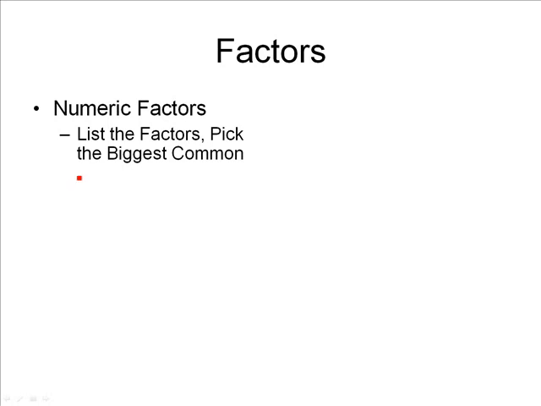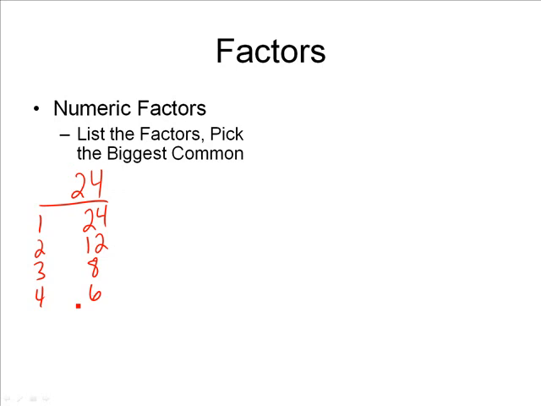A better way of doing it would be with what's called the factor pair method. Factor pair, you put the 1 on one side on the left and the 24 on the right. Then you go down and you have 2 and 12, 3 and 8, 4 and 6.